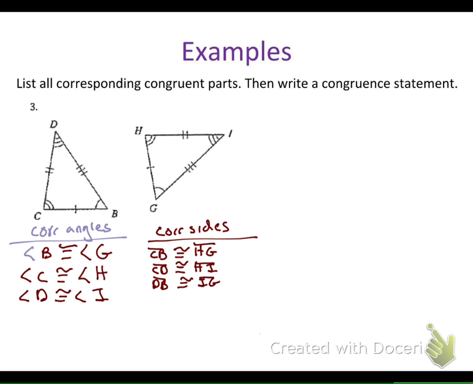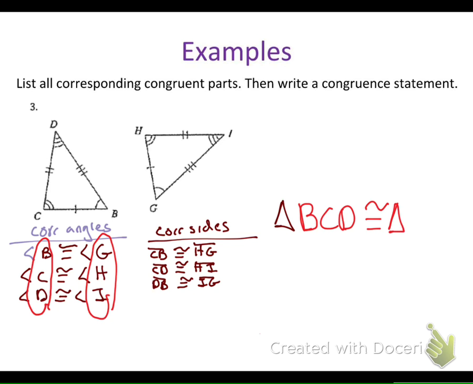So then we have to write the congruence statement. And so again, we're going to do that with a triangle. I'm going to use another color so you can see this. We're going to write these for our first triangle and these for our second. So we have triangle BCD is congruent to triangle GHI. So this is one way to write it.